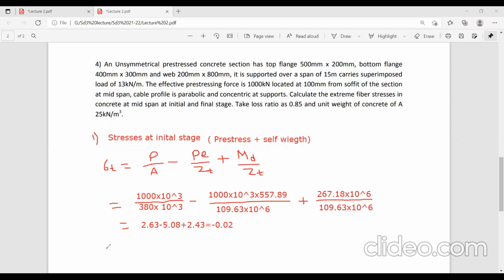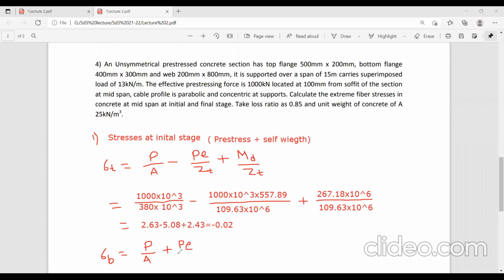Now sigma B is equal to, due to pre-stressing force at the bottom, it is in compression. So P by A, then plus P by ZB.